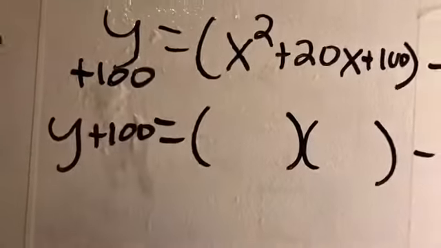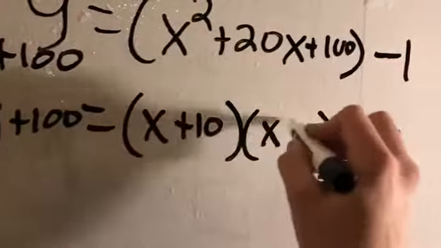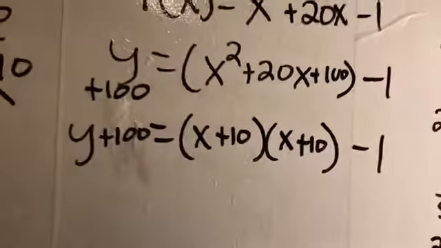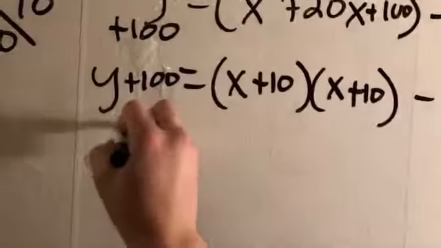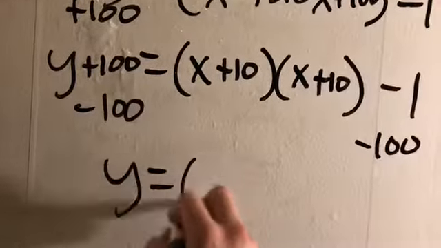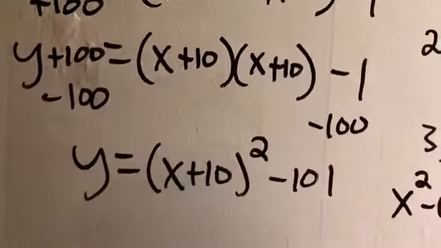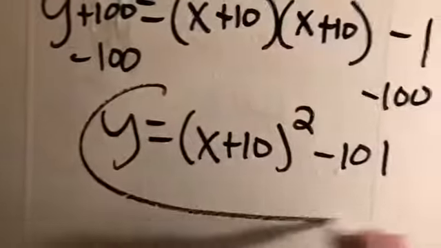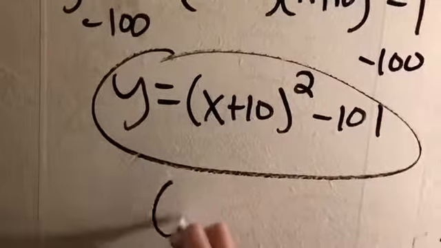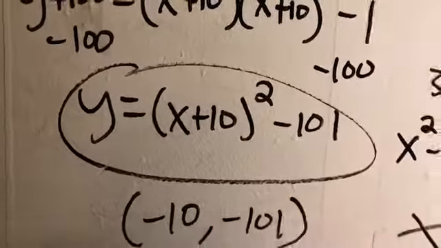Y plus 100, and that will factor into x plus 10 and x plus 10. Now we'll subtract that 100 while also writing these as x plus 10 squared. There's your vertex form. The actual vertex is -10, since the sign always switches for x, and -101.